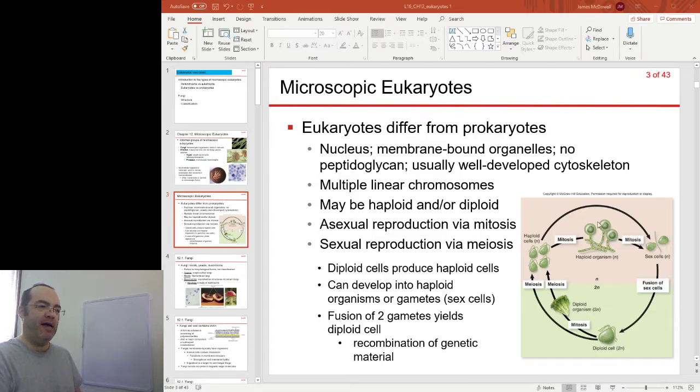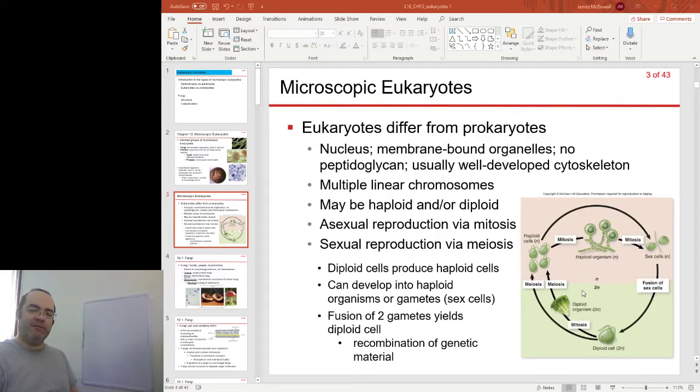But there are some other things that can occur. You can have an entire multicellular organism that is entirely haploid. This is one configuration very often seen in the fungi. You can have haploid cells go through mitosis to produce more haploid cells. You can have mitosis of a diploid cell, making more diploid cells. And then you can have meiosis of a diploid cell, producing haploid cells.